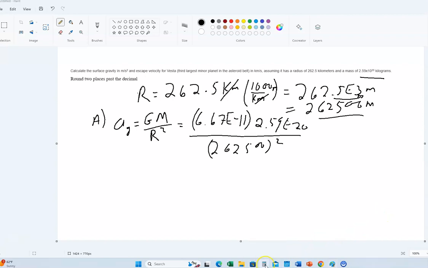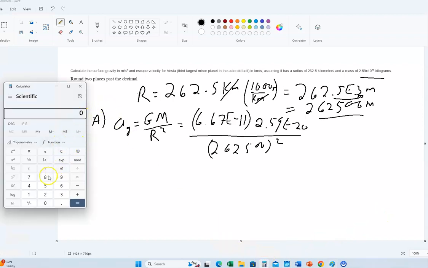All right, so here, let's do this over here. So 6.67 times 10 to the minus 11th times 2.59 times 10 to the 20th divided by this number squared.